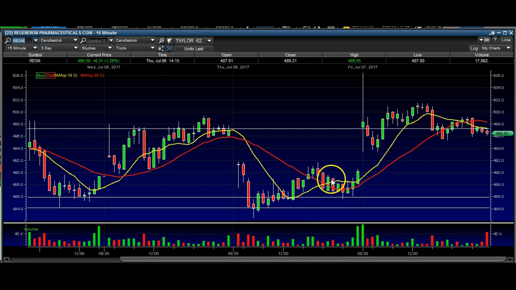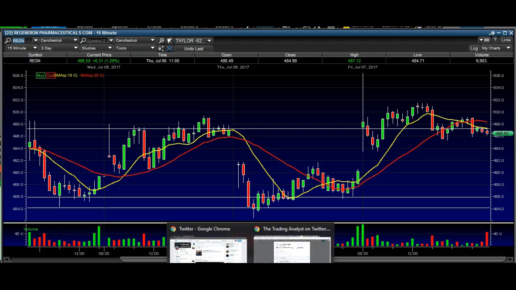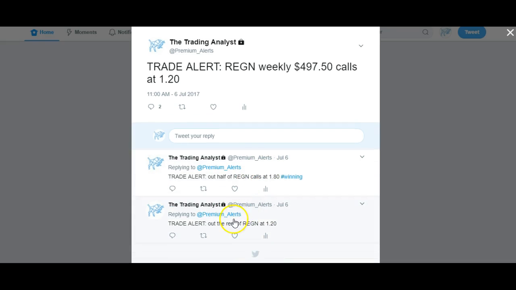We sold right here on this candle that broke the 10 period simple moving average as well as the 15 period simple moving average. Right there, that's where we sold the last half of those calls at 120, and that was a break-even trade on the last half. So that was about a 25% win on these weekly calls.